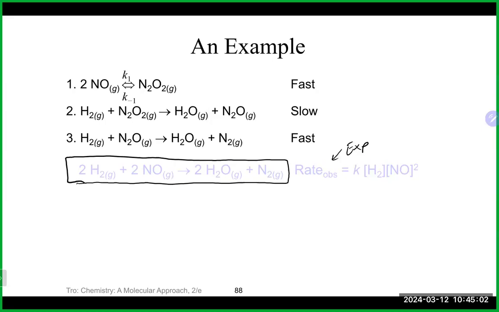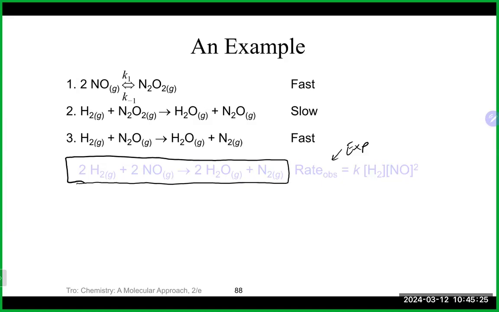All right, so remember 2 things. We need to make sure that all the steps add up to the overall reaction in order for this to be a good mechanism. And secondly, the rate determining step needs to have the same rate law as the one that's found experimentally. So those are 2 types of things that we want to determine in this case.